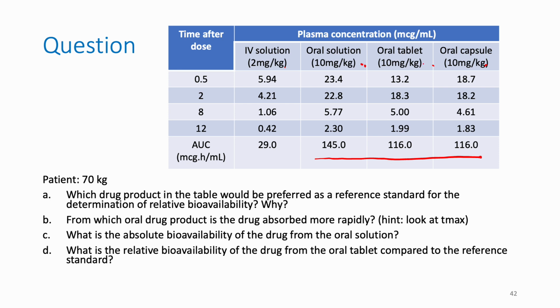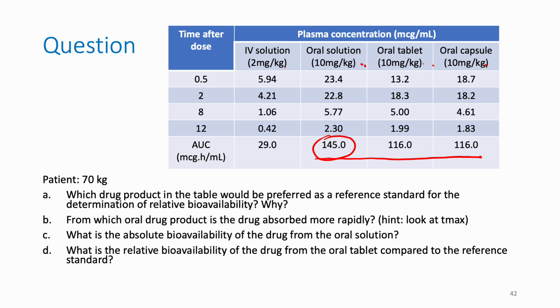Because they administer the same dose, just looking at the AUC, you can tell which drug has the best bioavailability. Higher AUC, higher bioavailability. So for the 3 dosage forms here, the oral solution has the highest AUC, so it can yield the highest bioavailability.